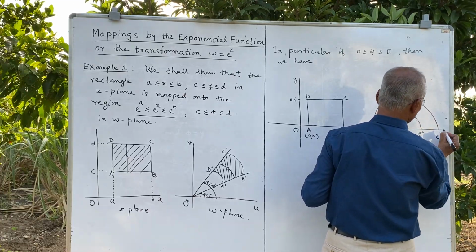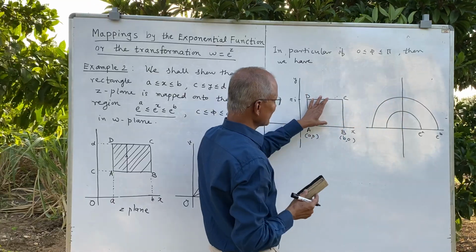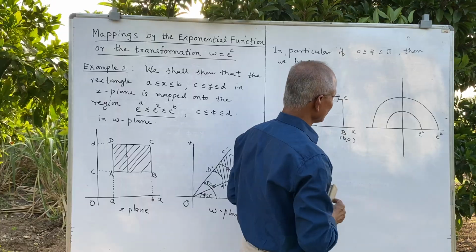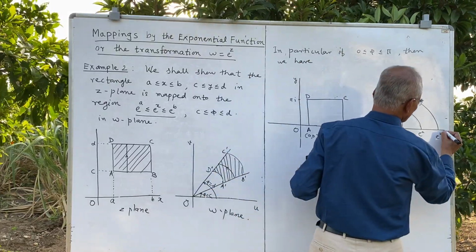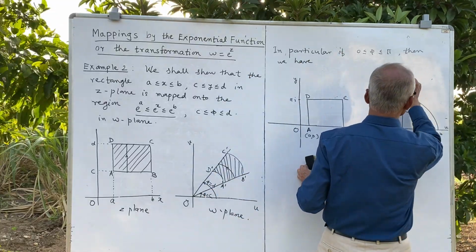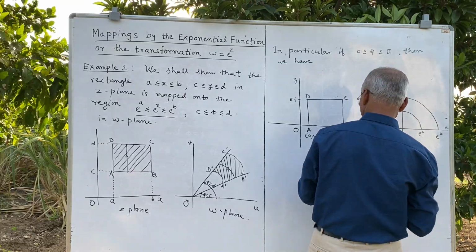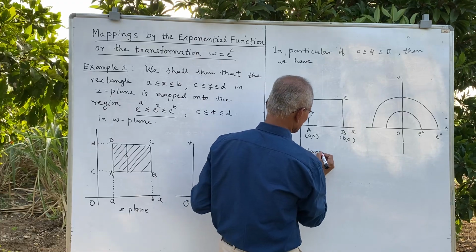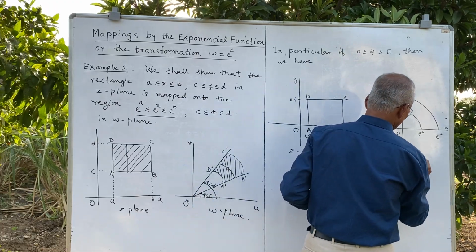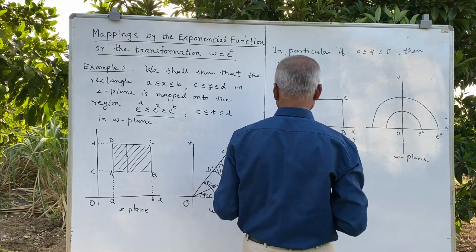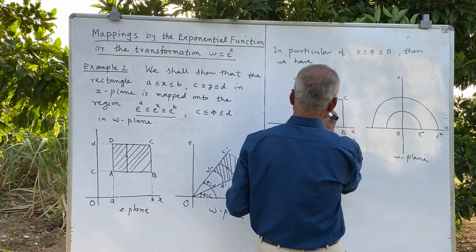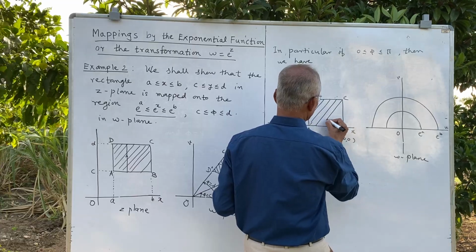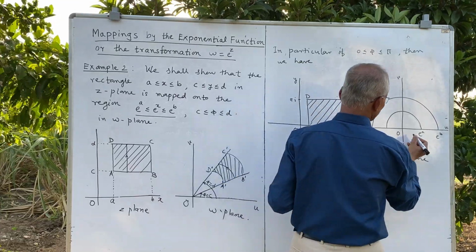So it is e power b, and thus this rectangle will be transformed to this circular ring in the first quadrant and second quadrant. This is the U axis and this is the V axis, this is the W plane. This is a particular example of this transformation, and thus this rectangle is transformed into this circular ring.